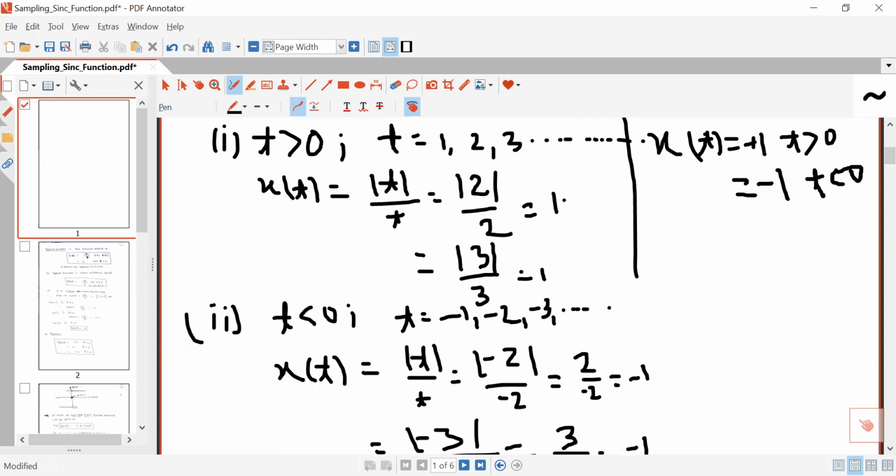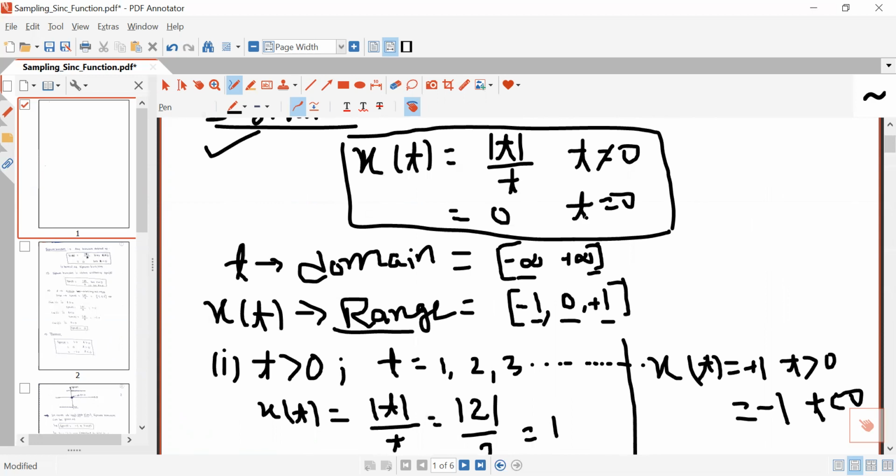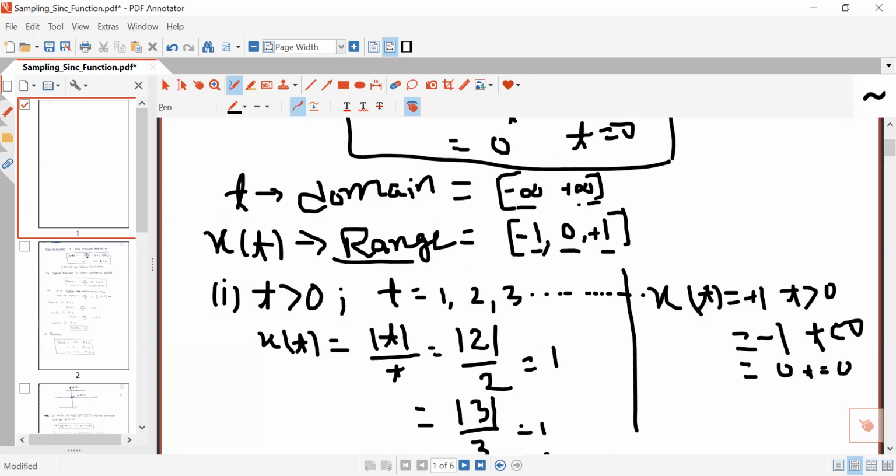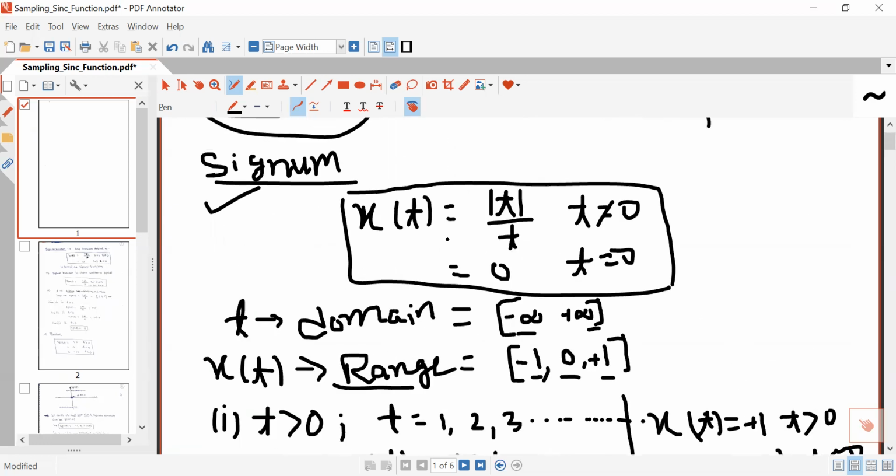And according to this expression, at t equal to 0, it is 0. So in this way you can see, if you substitute any value of t, you have an infinite option for the input, but its output can have only three values.